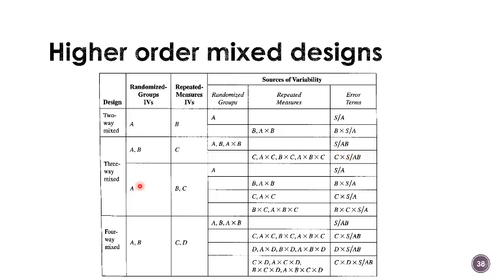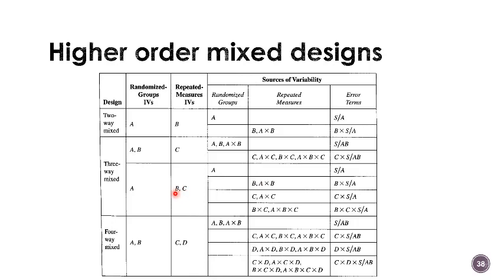Now look down here. If instead A is the only between groups, or randomized groups, and B and C are both repeated measures, A is still the easy one. A is the only randomized groups, so it gets its one S within A error. That's it. Now, B and C are treated sort of separately because they're both repeated measures.